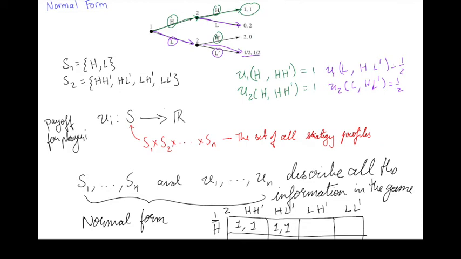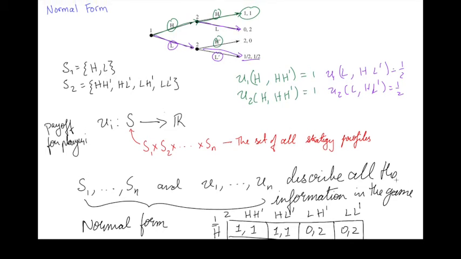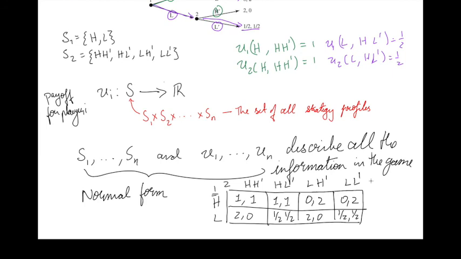If player 1 plays H, player 2 plays L H prime, then the payoff is going to be 0 and 2. H and L L prime is again 0, 2. You can proceed this way to fill in the rest of the table. So you have another row for when player 1 plays L, and then you write down all the payoffs for the different strategies that player 2 might play, and then you end up with this table.